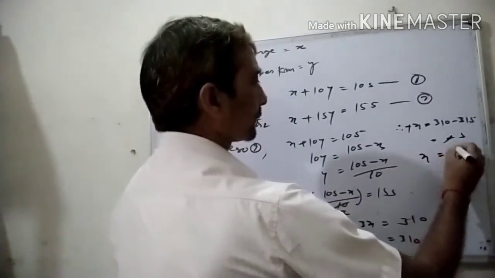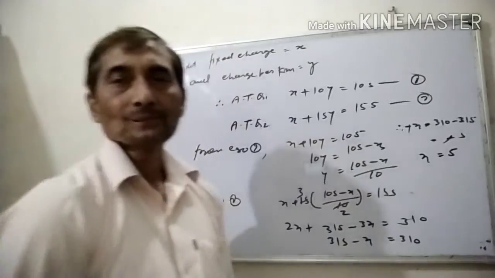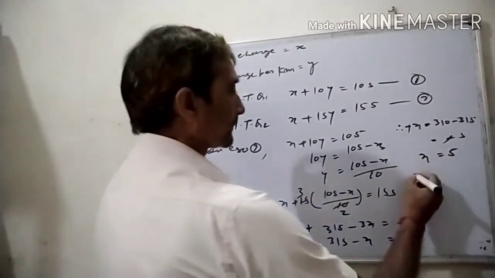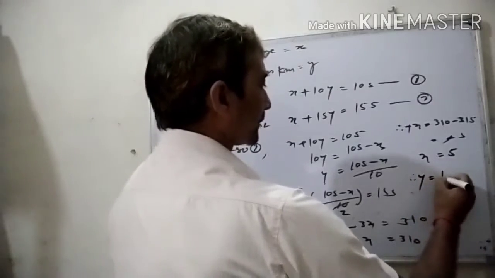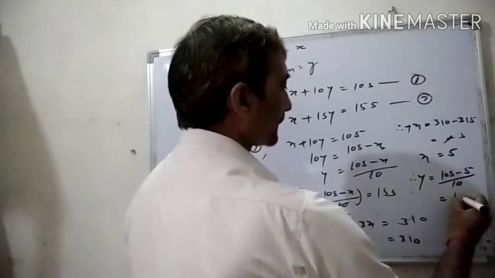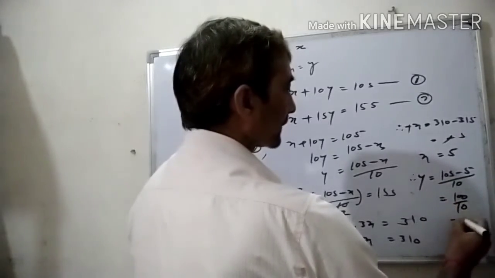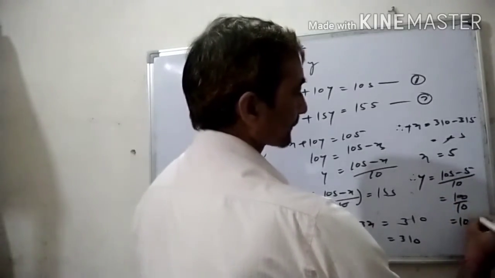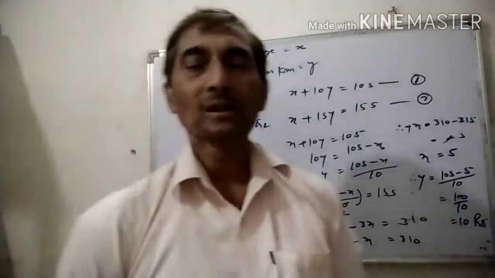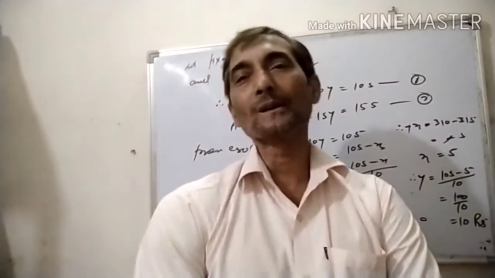Now X is equal to 5. That means fixed charge is equal to Rs 5. Now Y is equal to (105 minus 5) by 10, that means 100 by 10, that is 10. Therefore charge per km is equal to 10 and fixed charge is equal to 5.